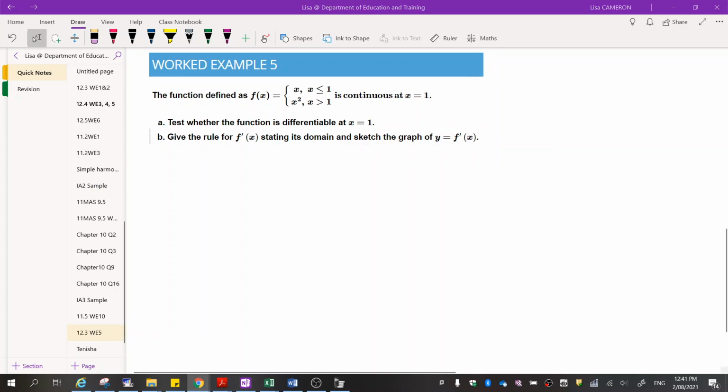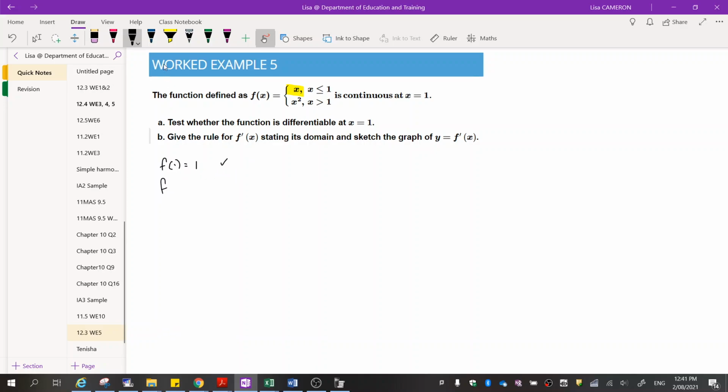Okay, so first thing that we are going to do is we're going to test it in both functions. So the first one I'm going to test it in is this one here. So f of 1 is equal to 1. Good.